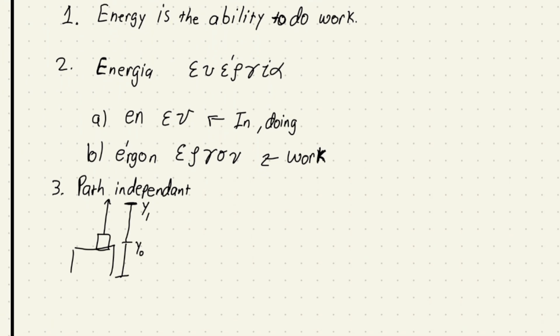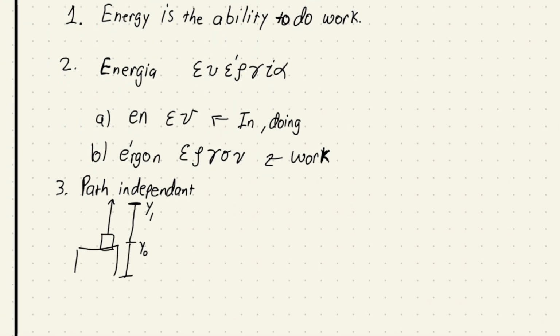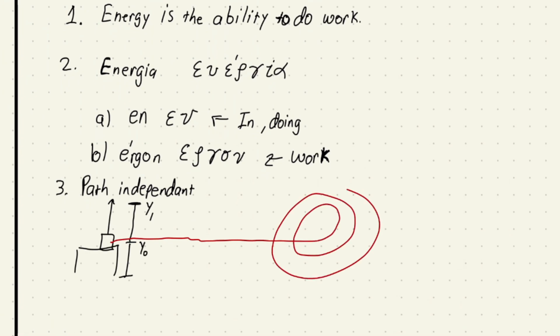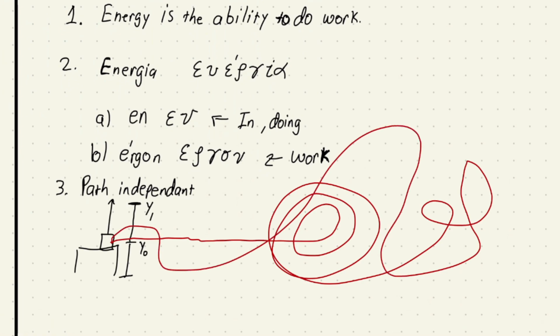But it doesn't matter if I lifted it vertically up, or if instead I started off walking with it this way, did a couple of loop-de-loops, then back over here, back to where I started, then up over to here, and finally ended up at the same position. My energy will be the same between those two motions. That's what we mean by path independence.